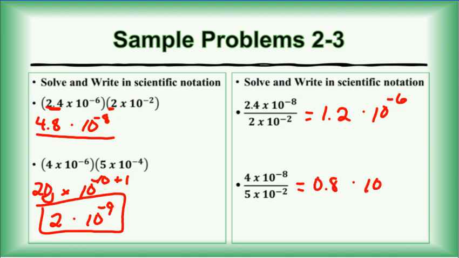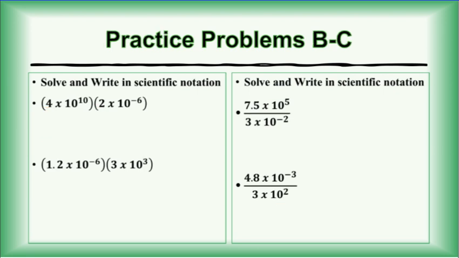This would also be a negative 6. But since I have to put it in scientific notation, I move it 1 to the right. So it'd be 8 times 10. And since I lost a decimal place, I need to show that I lost a decimal place. So I subtract 1, so that'd be 10 to the negative 7th. So this would be our answer.